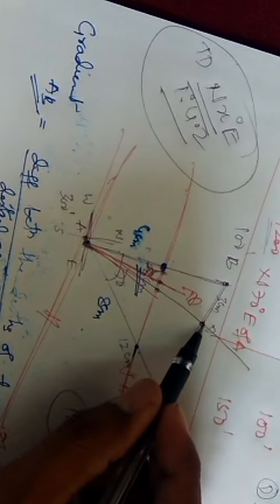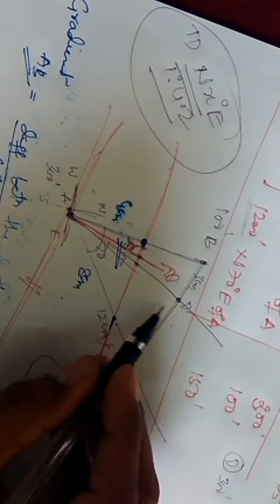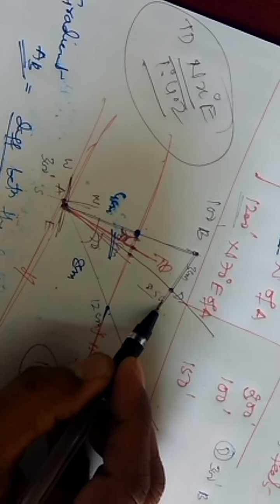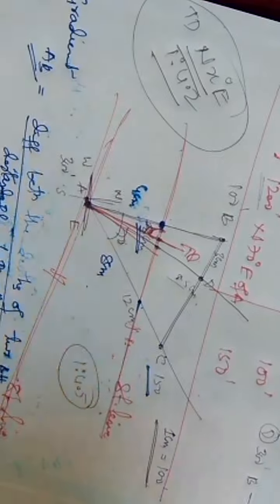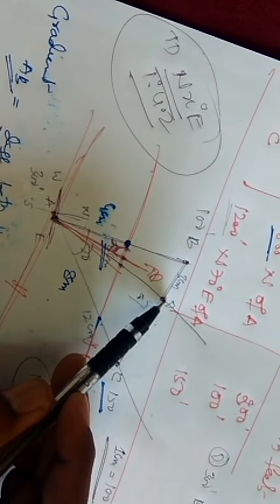Okay, friends, you get the horizontal distance from this point to this point. How many centimeters did you get here? If you get 8.5 centimeters, let us say, it is nothing but 850 meters. You write it is 850 meters. It is the horizontal distance. This is nothing but this point to this point. It is the horizontal distance.